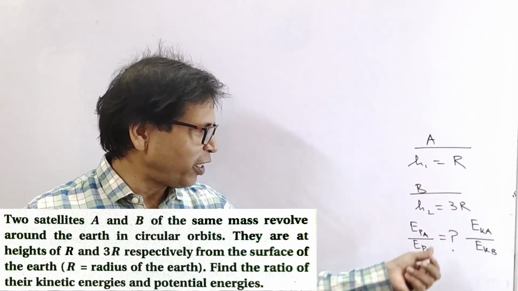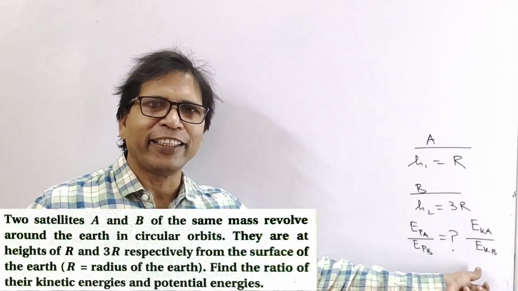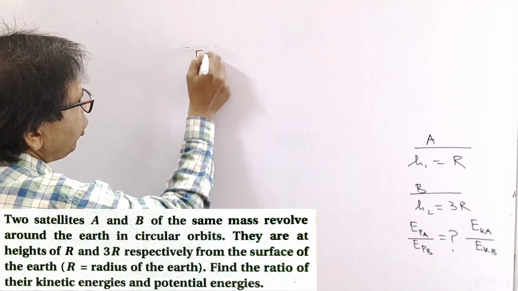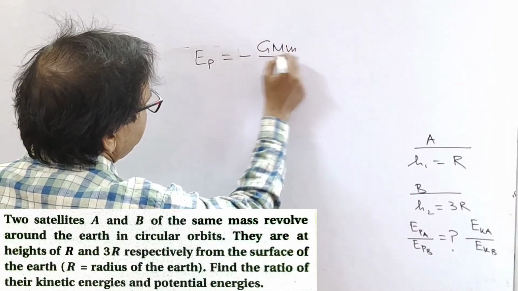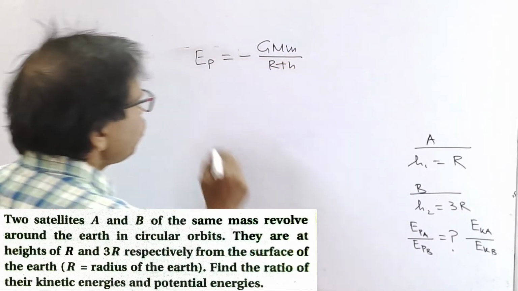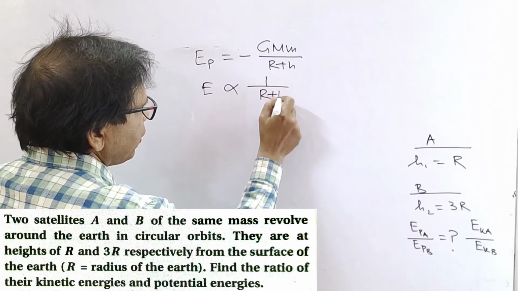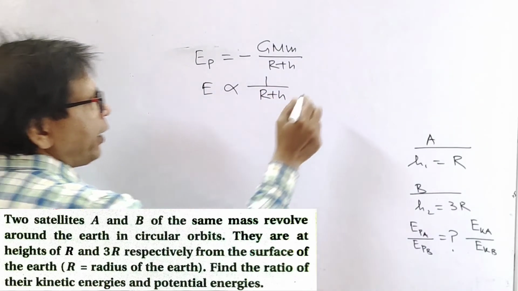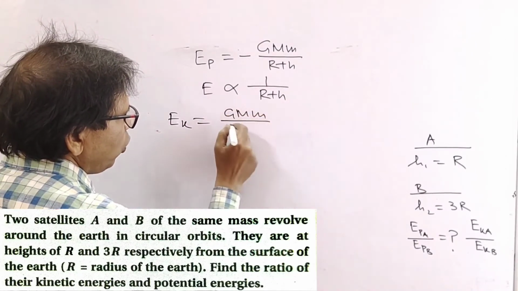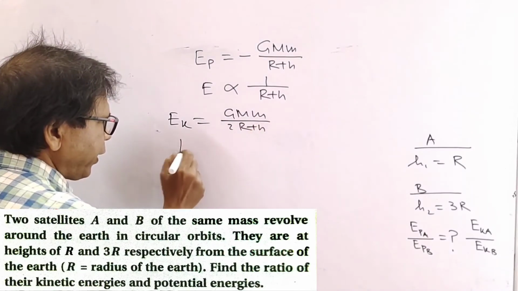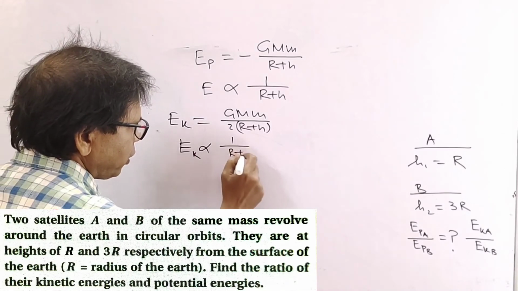We have to calculate the ratio of their potential energy and the ratio of their kinetic energy. Now you know the potential energy of the satellite EP is minus G capital M small m divided by R plus H. So here EP is proportional to 1 by R plus H. Same way the kinetic energy EK equals G capital M small m by 2 into R plus H. So kinetic energy is also proportional to 1 by R plus H. Look at this.